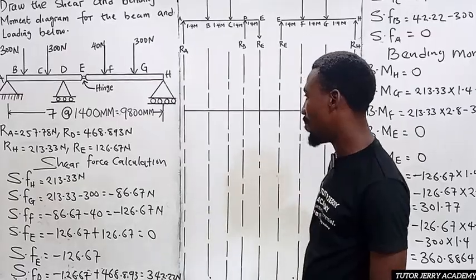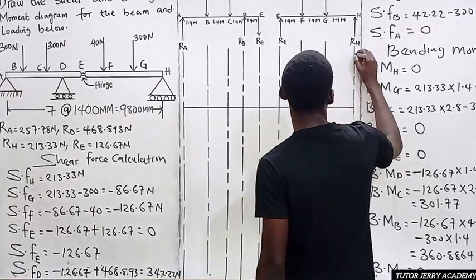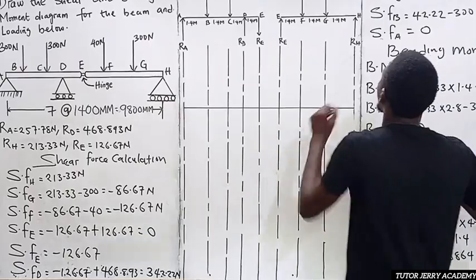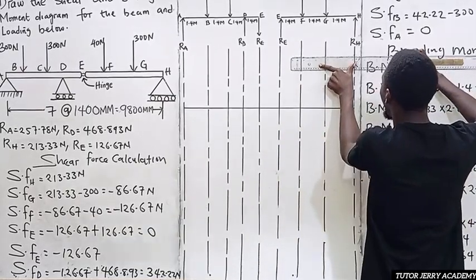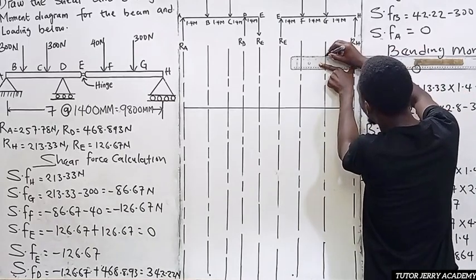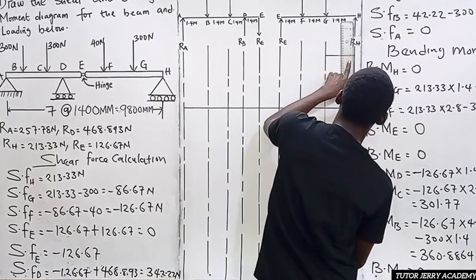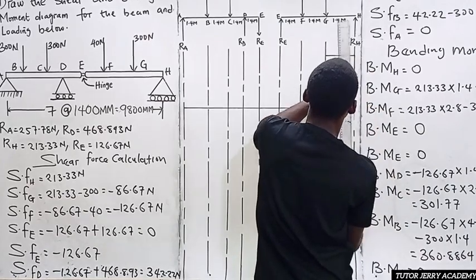I think 213.33 is the highest value here, so let's raise it up to this point. Between point H and G there is no load, so we are going to draw a constant line. Let's join this line down. All right, that's it.